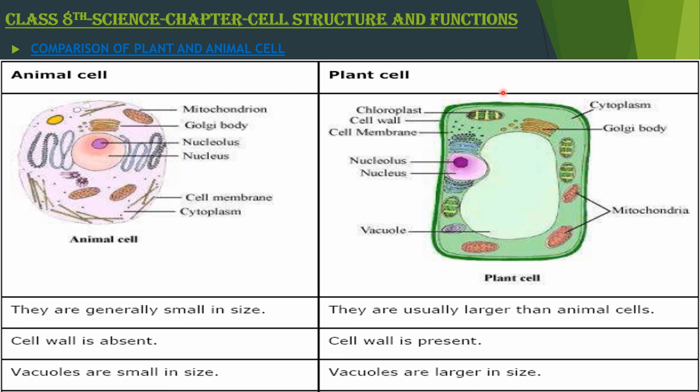The main three components present in cells are cell membrane, cytoplasm, and nucleus. The nucleus is present in animal cell and plant cell, the cytoplasm is present in both, and the cell membrane is also present in both.